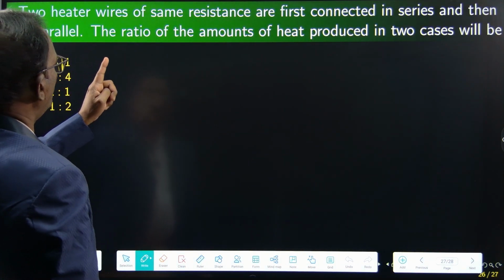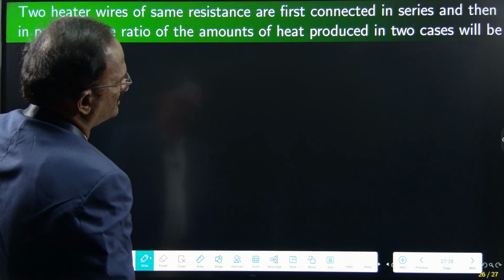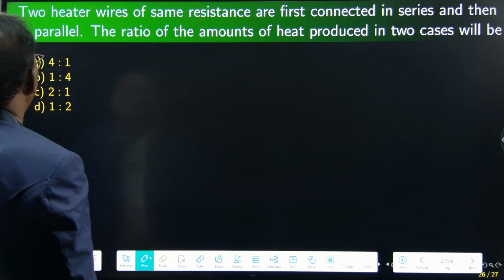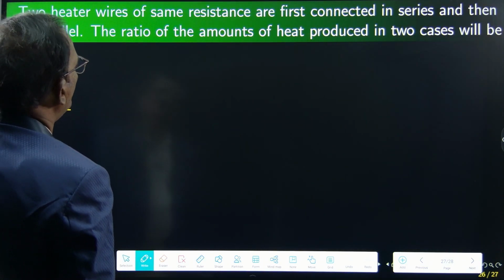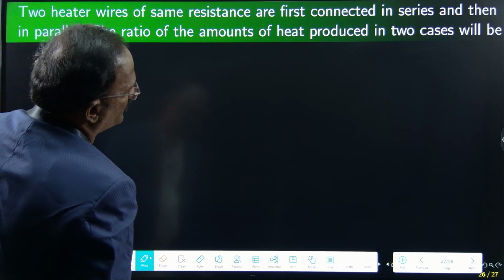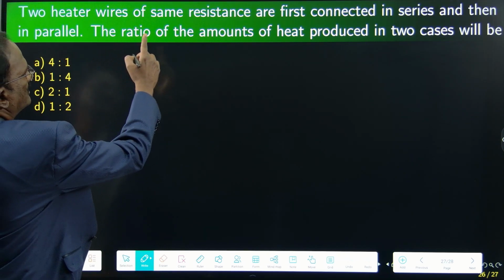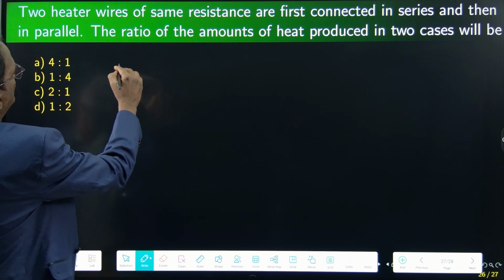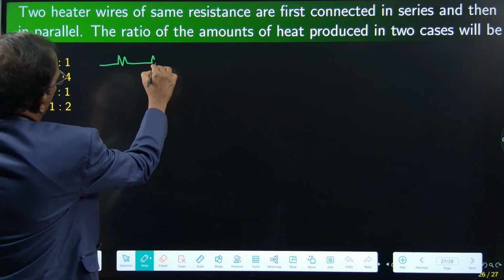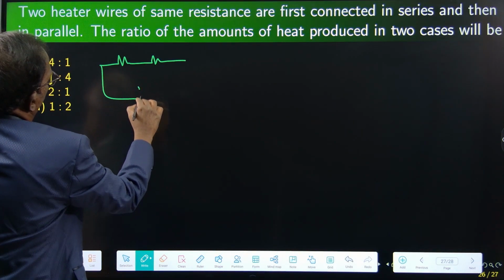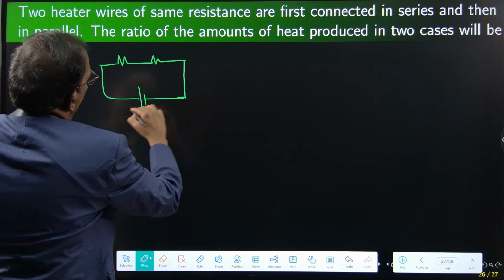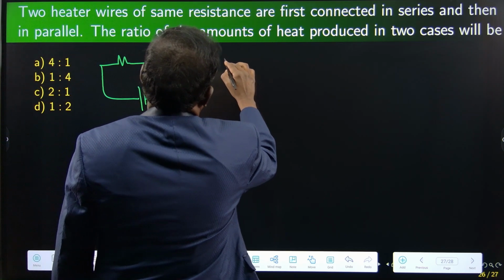Two heater wires of the same resistance are first connected in series and then in parallel. The ratio of the amounts of heat produced in the two cases will be? First they are in series, then they are in parallel.